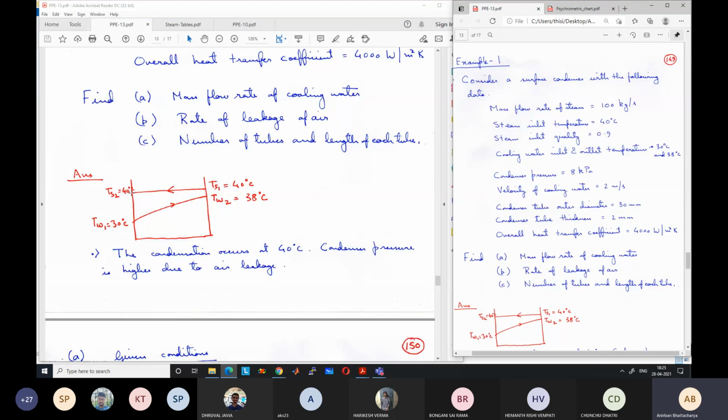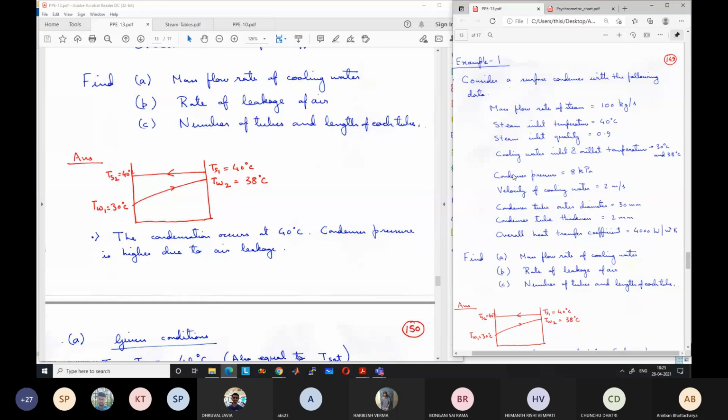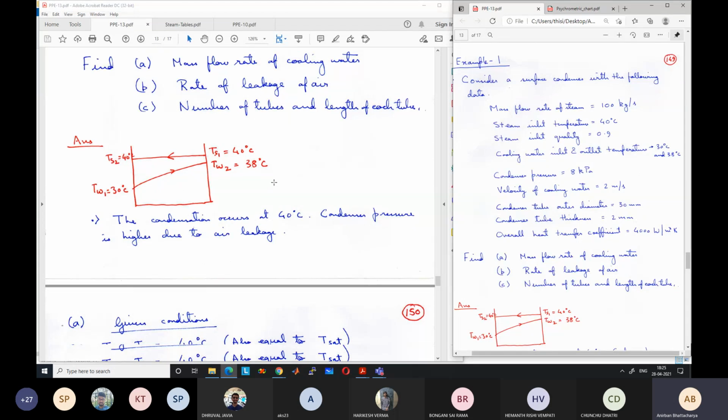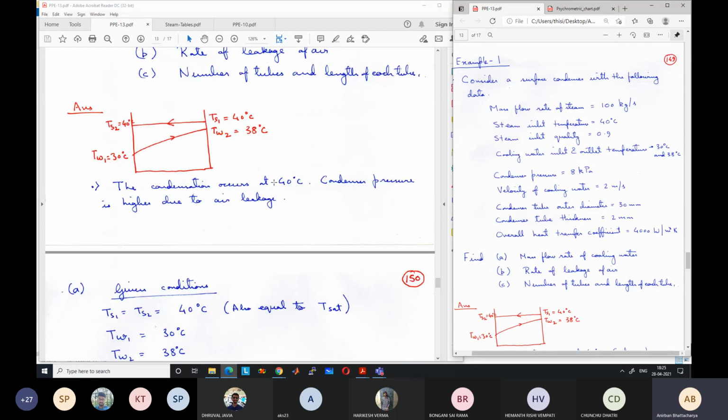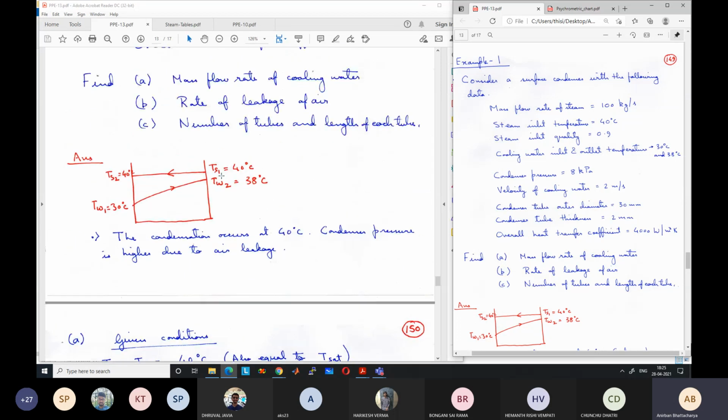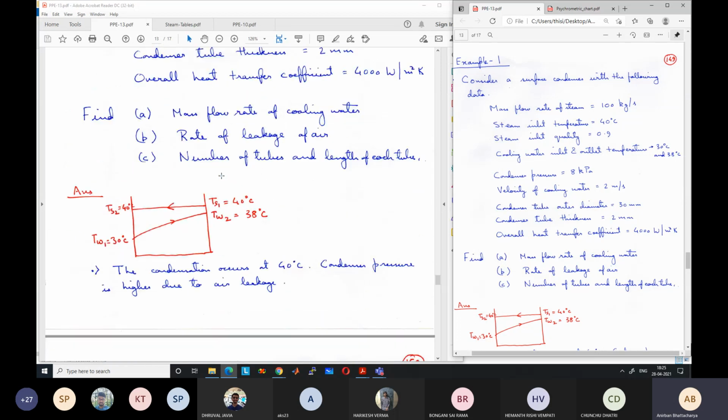Now the water enters at 30 degrees centigrade as shown here, like a counter flow heat exchanger, and goes out at 38 degrees centigrade. For the saturation pressure corresponding to this temperature, we will see it is less than 8 kPa. It is said that the condenser pressure is 8 kPa, but the saturation pressure will be less than 8 kPa corresponding to this temperature.